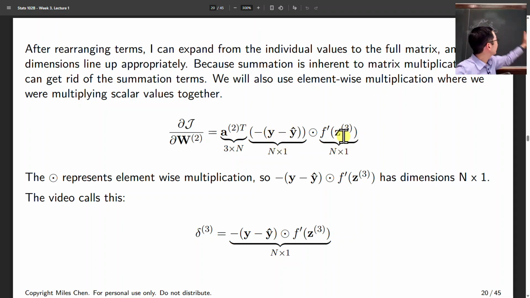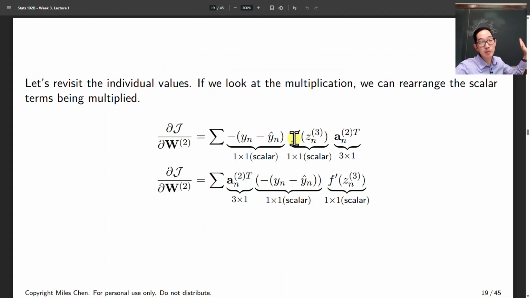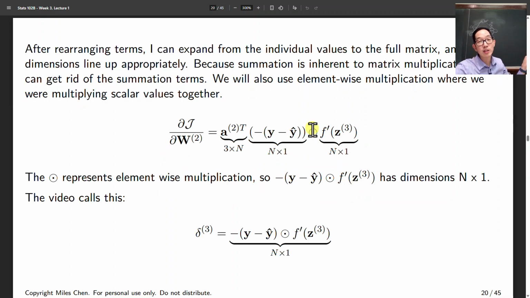I've got the entire vector of z3 values, which is n by 1. And I want to do first value times the first value, second value times the second value. So here's a stand-in symbol to indicate element-wise multiplication. I'm going to have this circle dot to indicate element-wise multiplication between this and this.